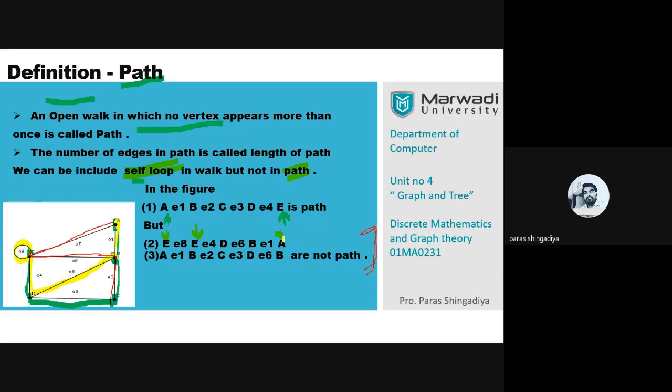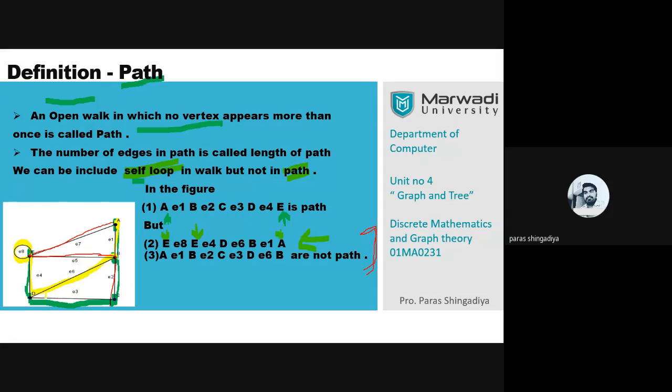So we can include it in a walk easily. Clearly it is a walk, an open walk. But we cannot say it is a path. Why? Because one place you have to visit more than one time. So therefore we cannot say it is a path.